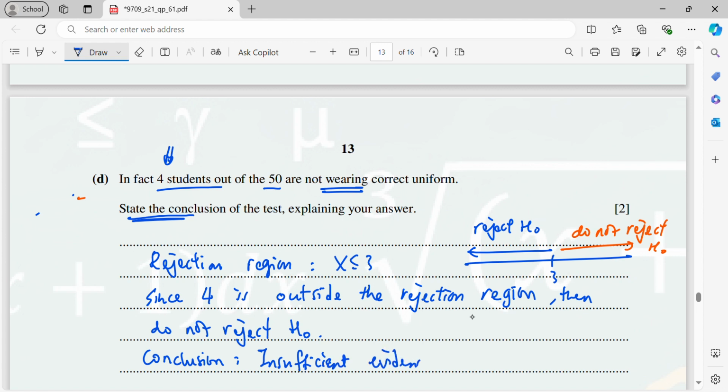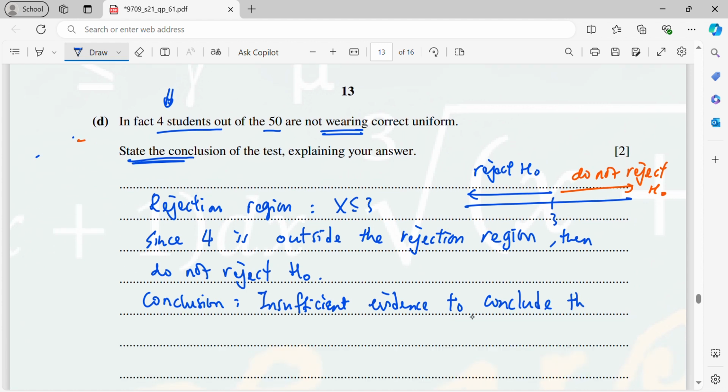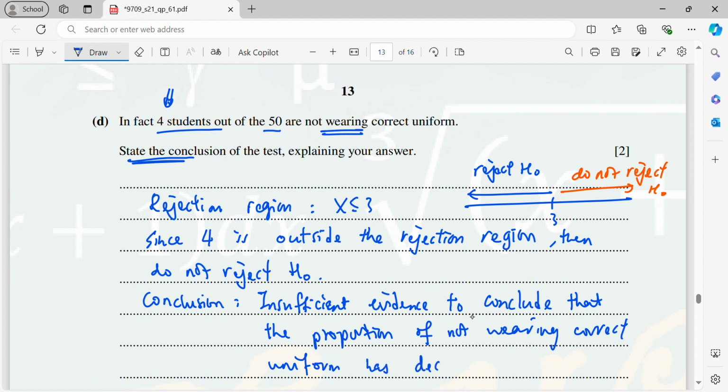Insufficient evidence to conclude that the proportion of not wearing correct uniform has decreased. Okay, so that is our conclusion.